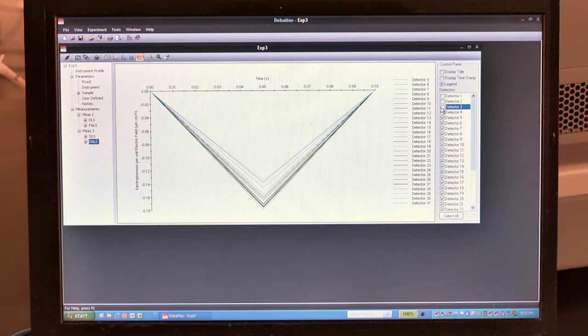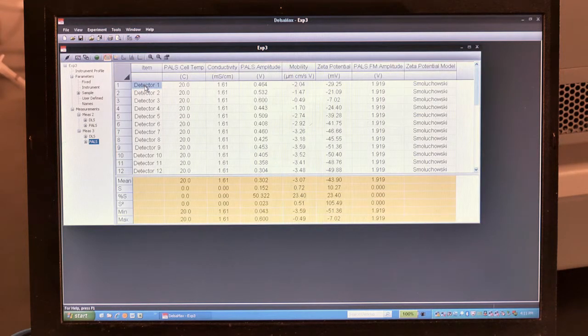By eliminating these detectors from the measurement, we can mark them on the data table. By marking them, we're going to tell the software, do not count these data points in the measurement.